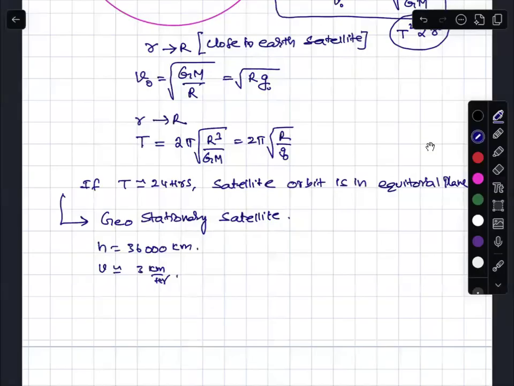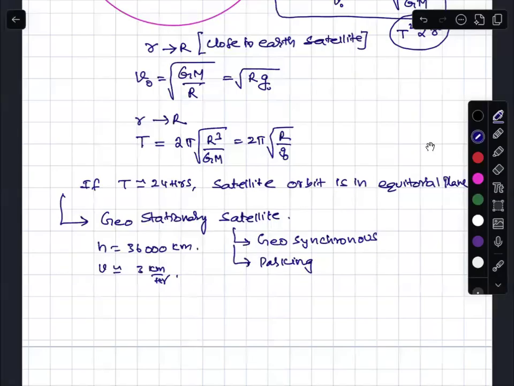This is also called geostationary. Sometimes this is also called geosynchronous, or parking. Actually, they have removed this from the syllabus.